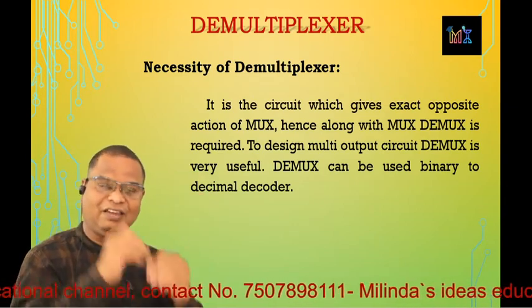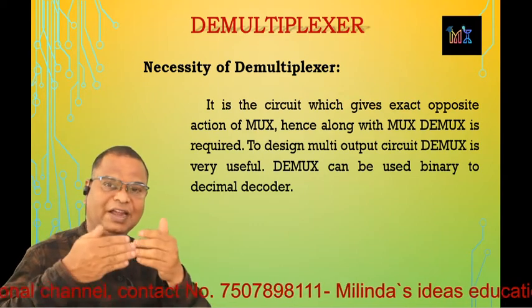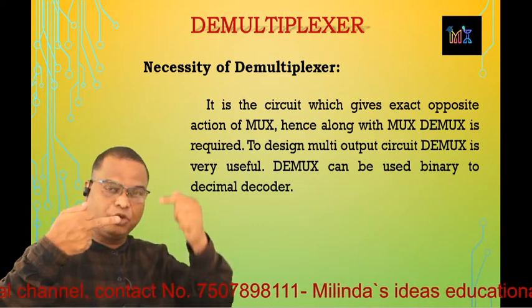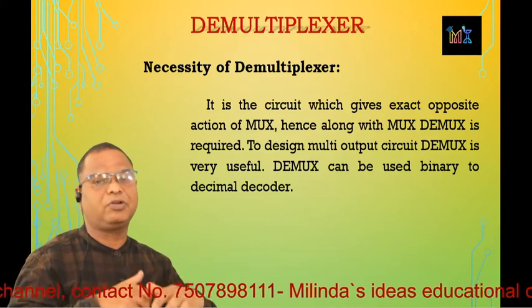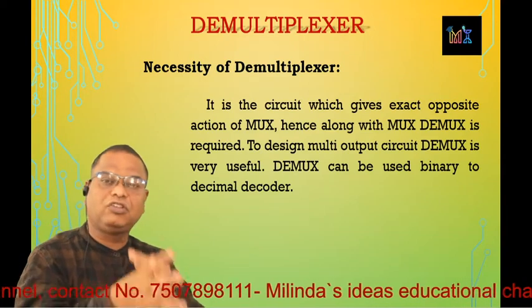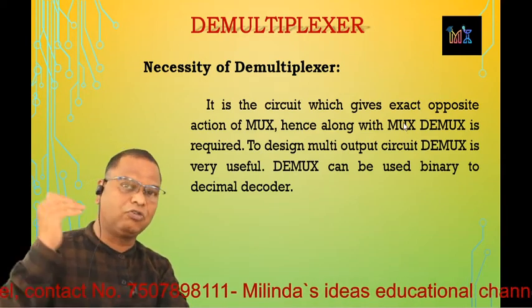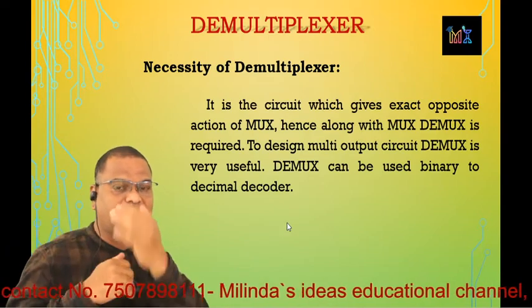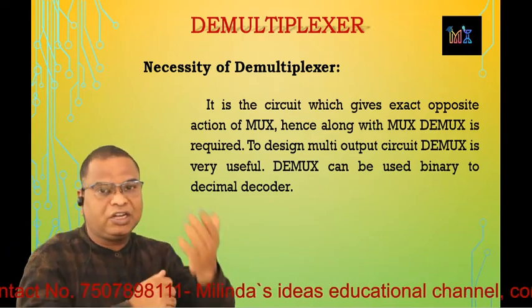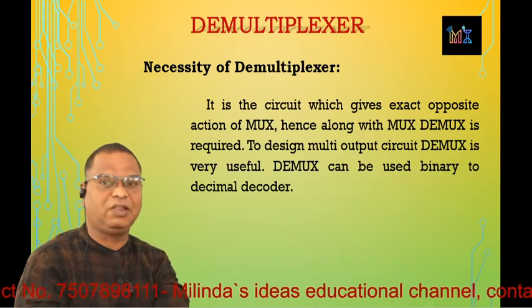But in that case it is basically a demux. So in that case, that binary data is distributed to the output terminals, and for that purpose the demultiplexer is used. So this is the necessity of demultiplexer, because we are selecting the data by using the multiplexer, and now we have to distribute the data, and for that purpose the demultiplexer is used.